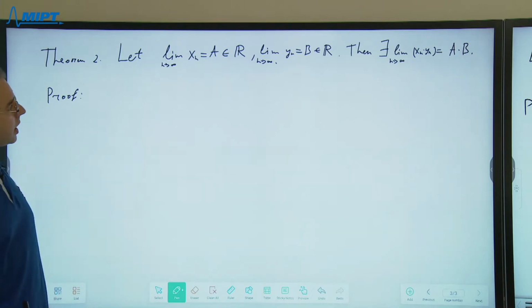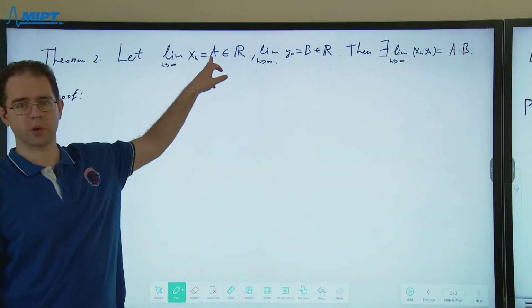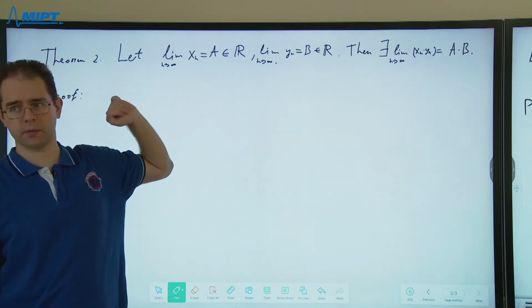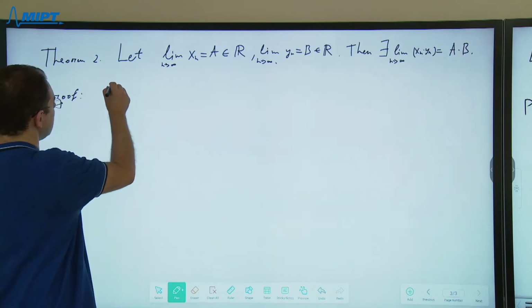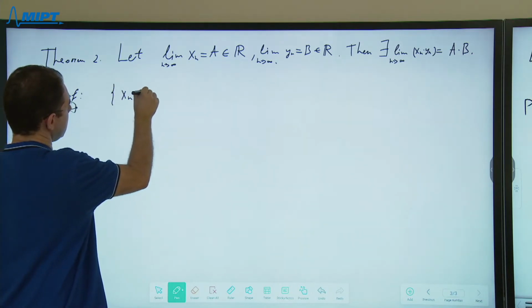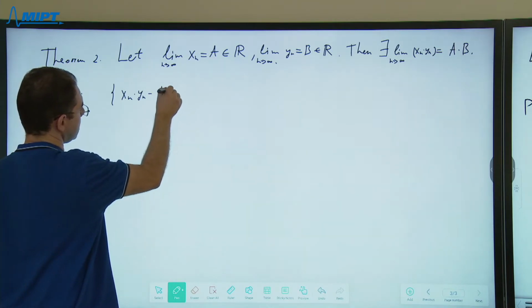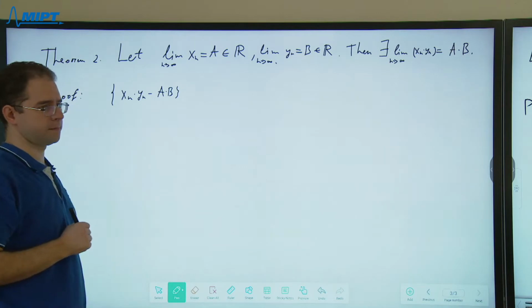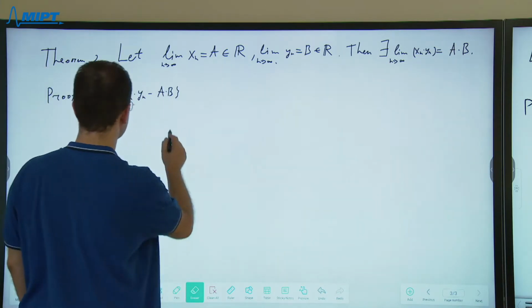Once again, we can say that xn minus A is infinitely small, yn minus B is infinitely small, and let's consider the sequence xn times yn minus A times B. Actually, let me write all of it down.